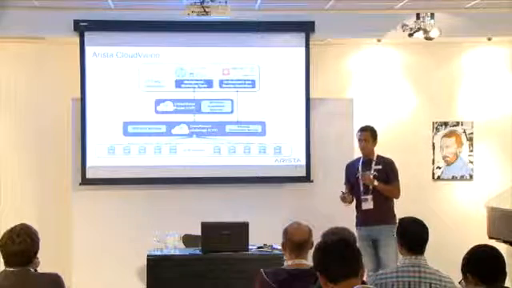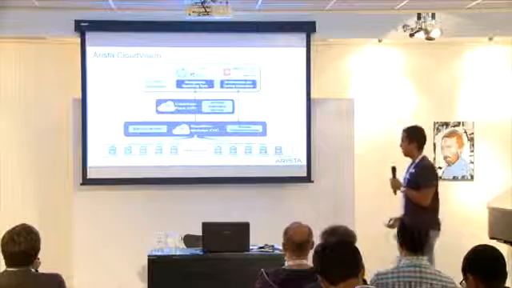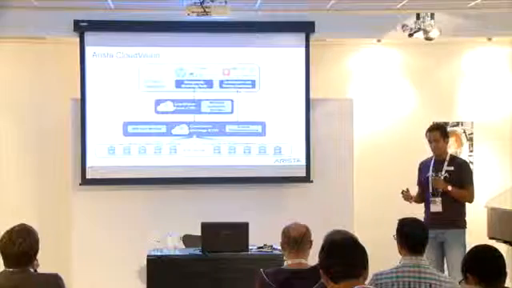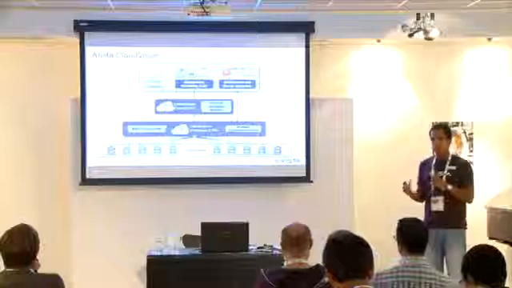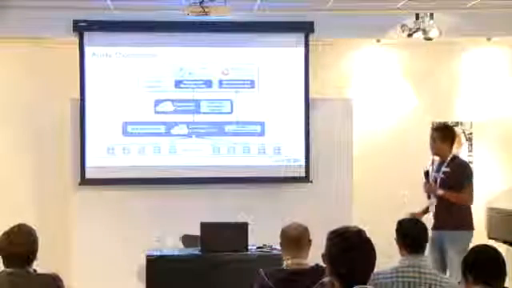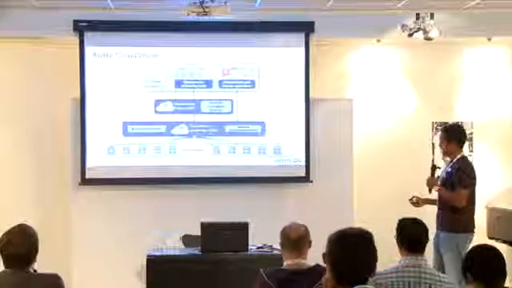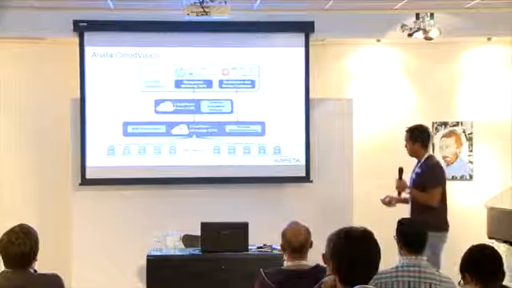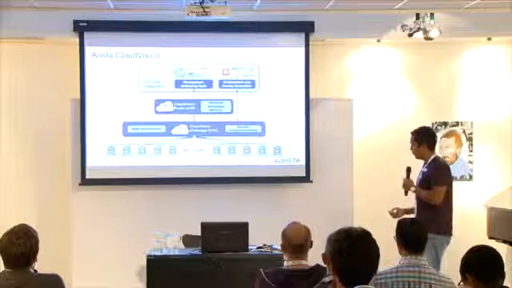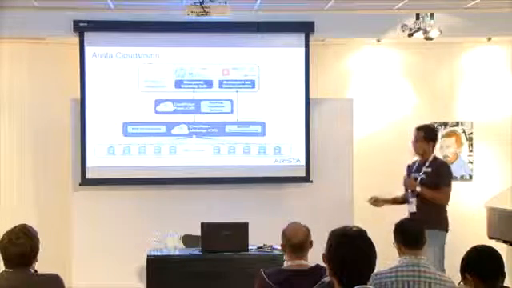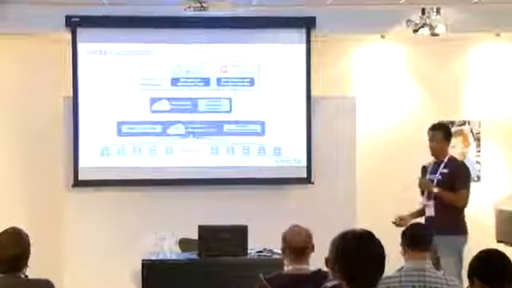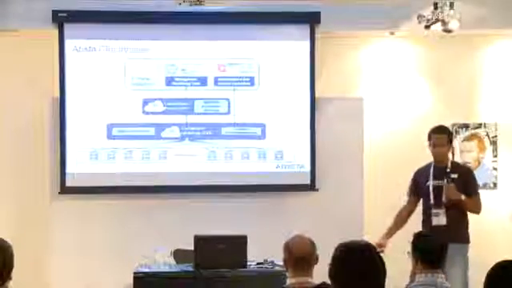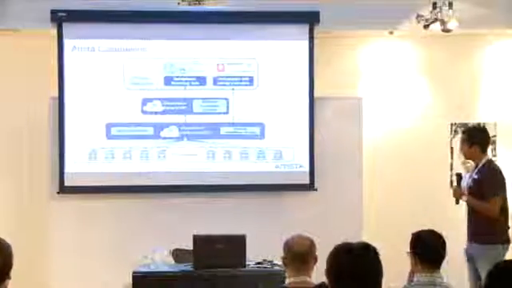CloudVision is a framework, and for today, I'm going to focus on the CVX part, which is a sort of marketplace for your information. So in this case, you connect your orchestrator or your overlay controllers. Instead of asking them to talk to all your switches in the network, you only ask them to talk to CVX, which is available in a cluster. And then CVX will talk via an API towards all your switches.